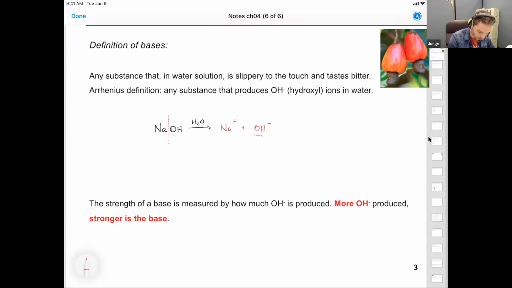Always remember that OH minus is called hydroxyl ion. So the water is strong enough to break the ionic bonding between the metal and hydroxyl, that will split up this compound, and it will produce the cation and the anion, which is always hydroxyl.